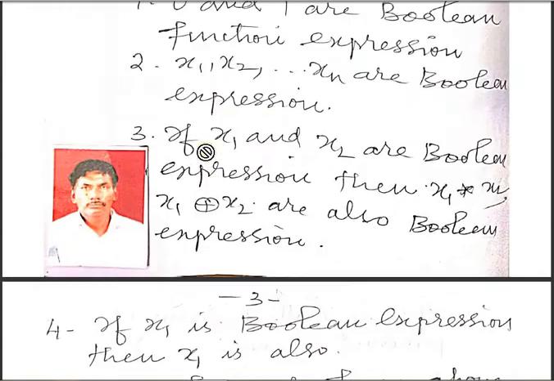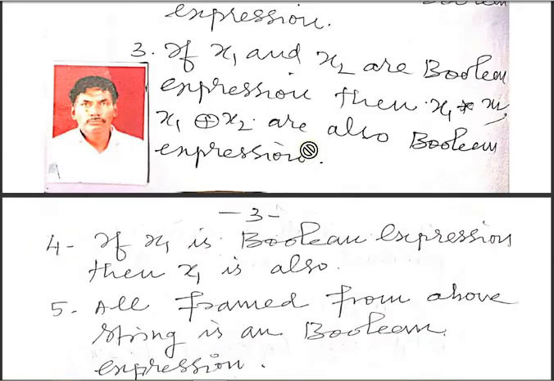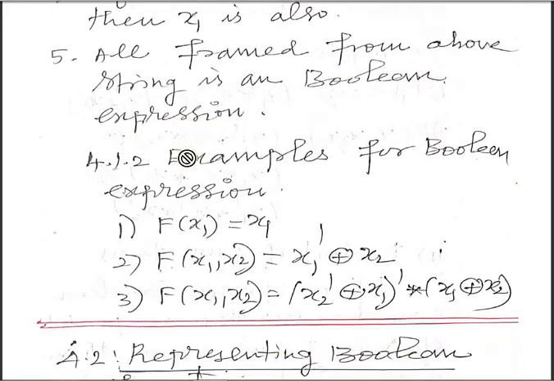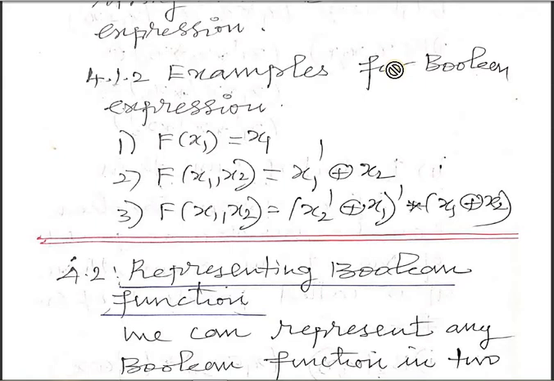It may satisfy a single condition, or it may be connected with all 5 conditions expressed above. Then we call the string a Boolean expression. We can have a lot of examples. This is a good example because only one Boolean variable is there; that also we can say is a Boolean expression.